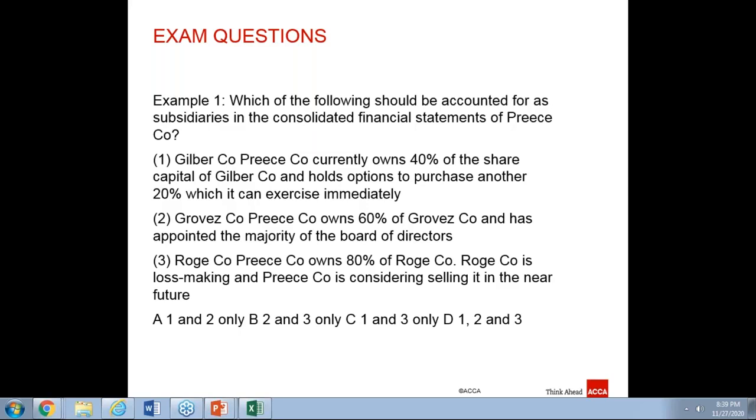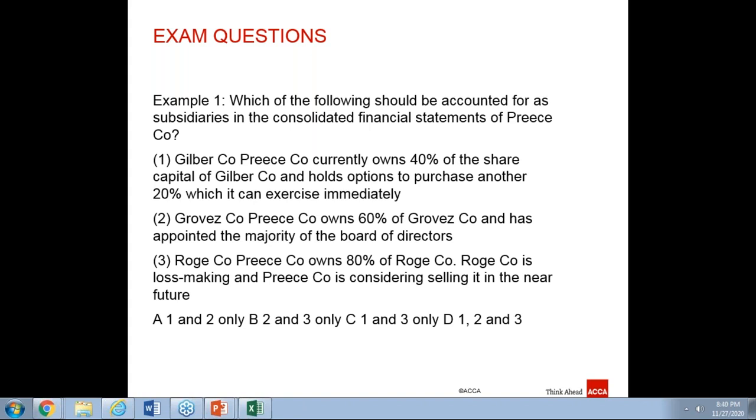Second is Groves Company. Preece Company owns 60% of the Groves Company and has appointed a majority of directors to the board of directors. Roach Company. Preece Company owns 80% of the Roach Company and Roach is loss making. Preece is considering selling it in the near future.